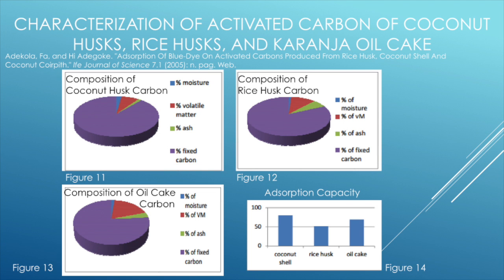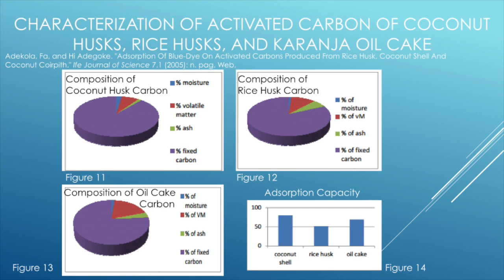In the article, Characterization of Activated Carbon of Coconut Husks, Rice Husks, and Karanja Oil Cake, Adicola found the compositions of activated coconut husk carbon, activated rice husk carbon, and the composition of activated oil cake carbon. In addition, he studied the absorption capacities of the various activated carbons on arsenic trioxide.